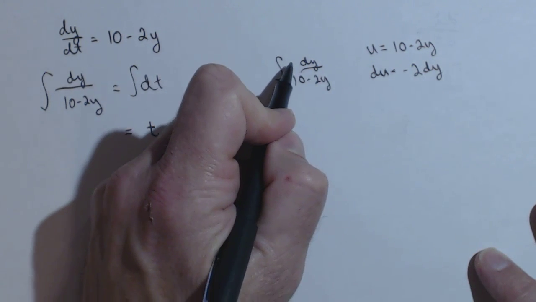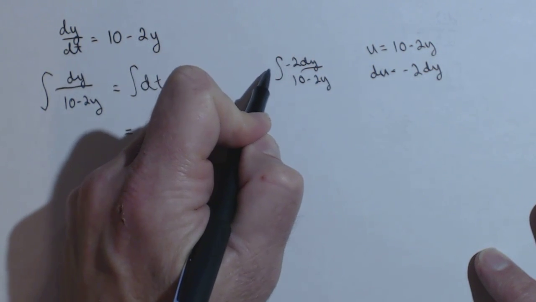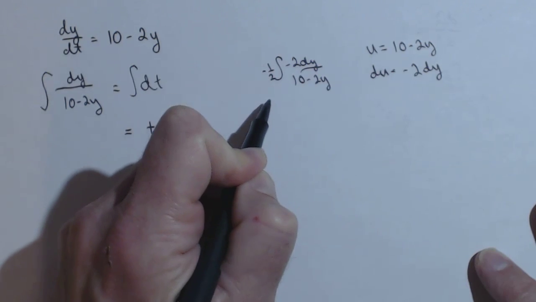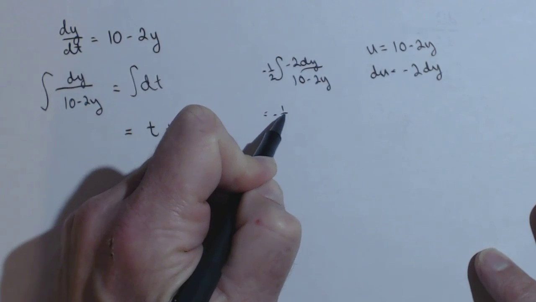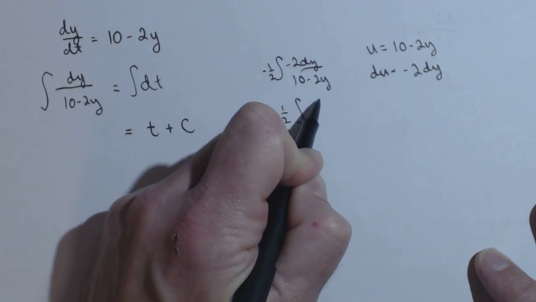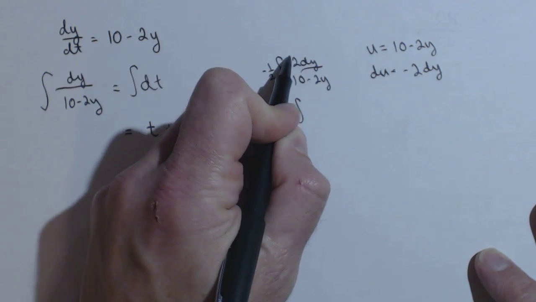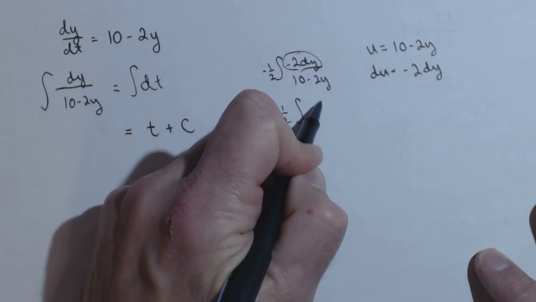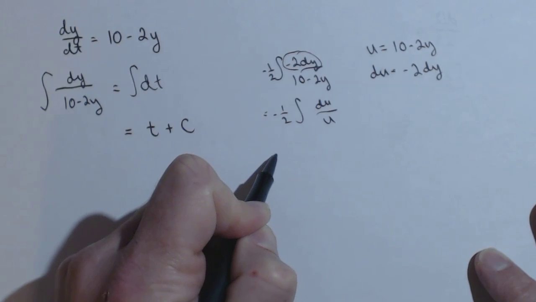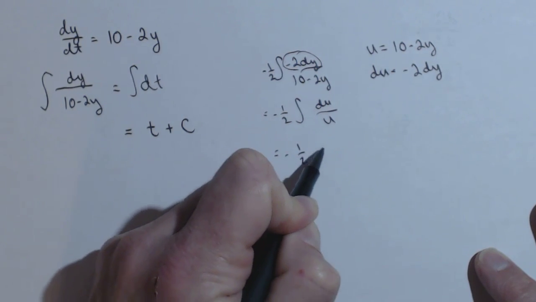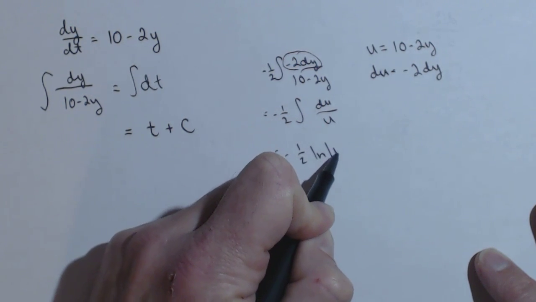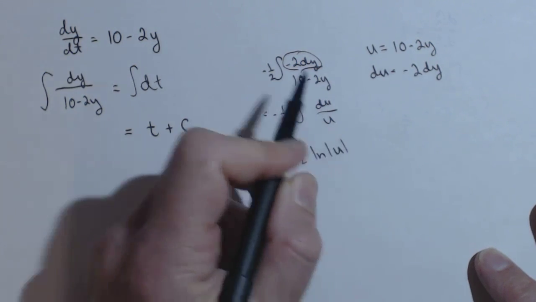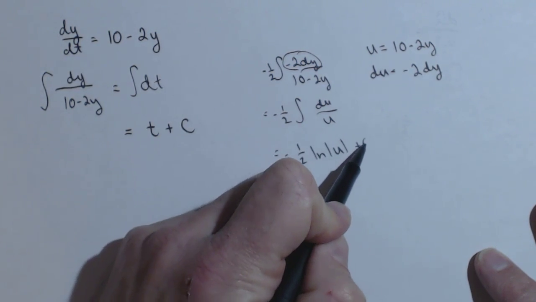That means I need to put a negative 2 in here, which means I need a negative 1/2 out here. So I get negative 1/2 times the antiderivative. This numerator just becomes du over u, which is negative 1/2 natural log absolute value of u. We can put the plus c on there.